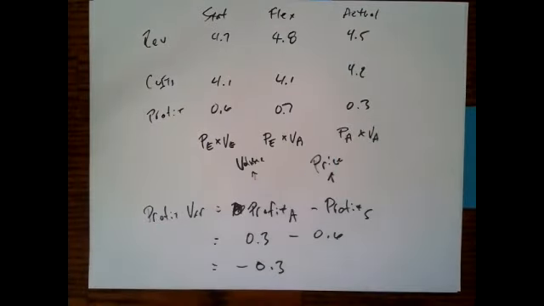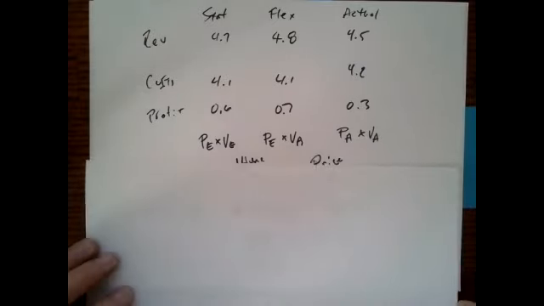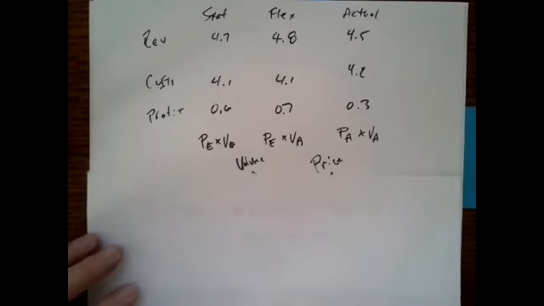And then doing the same thing for cost. So part C asks us to calculate the cost variance.